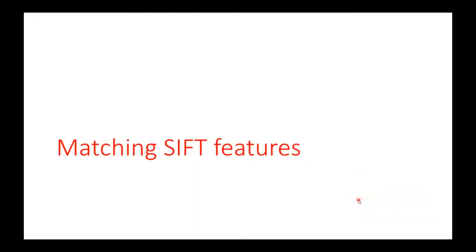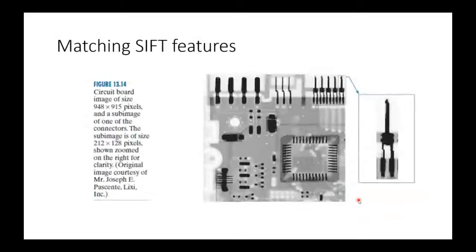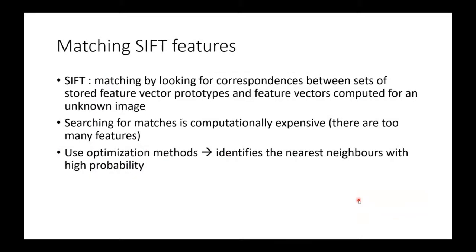And matching SIFT values, SIFT features. I've seen some of you using SIFT as pattern matching in your projects. That's basically simple. A SIFT matches by looking for correspondences between sets of stored feature vector prototypes and feature vectors computed for an unknown image.